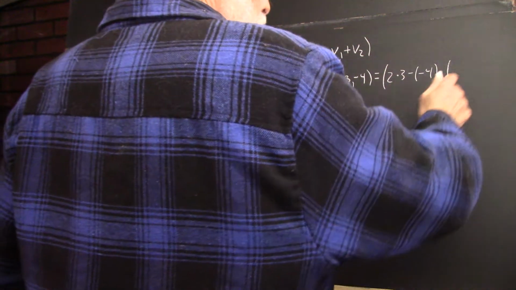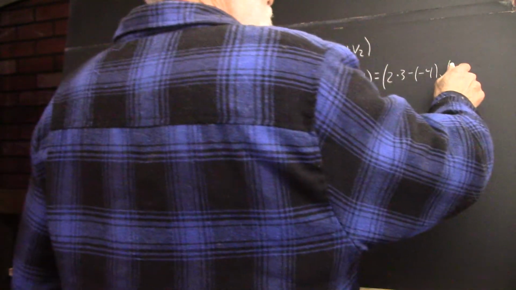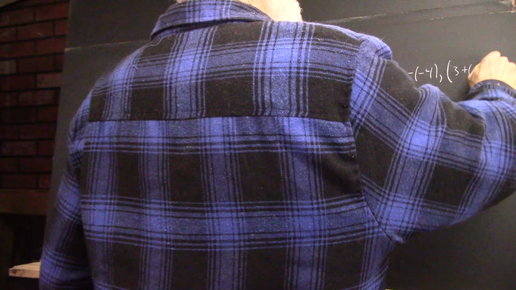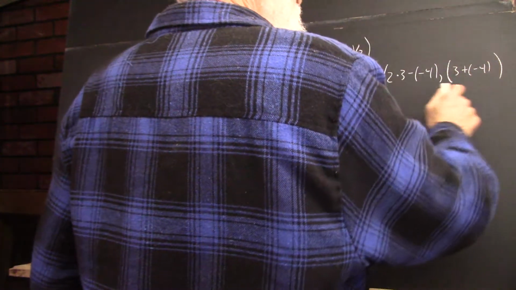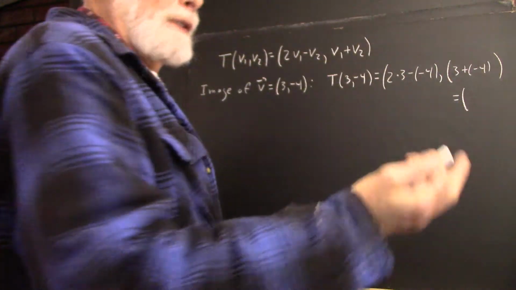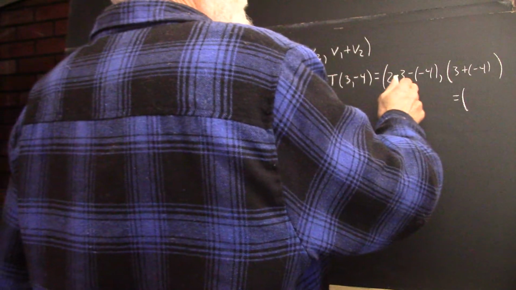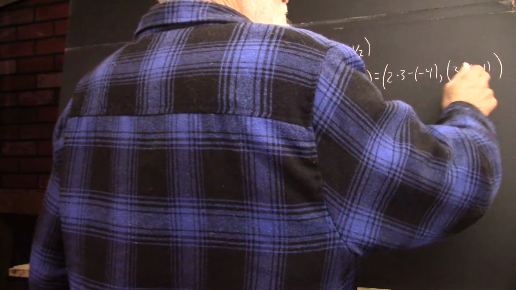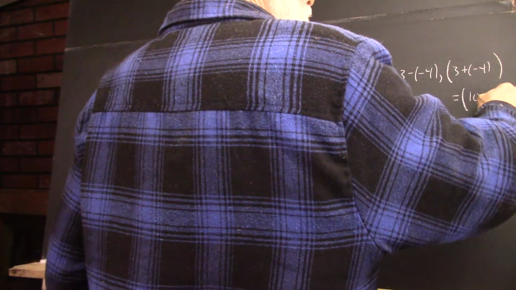I don't need parentheses, but since I've written it, I'll go ahead and use it. 3 plus negative 4. And that equals, arithmetic is easy, so I'll probably mess it up, but that's going to be 10. And this is going to be negative 1.